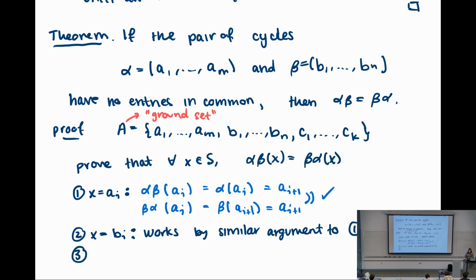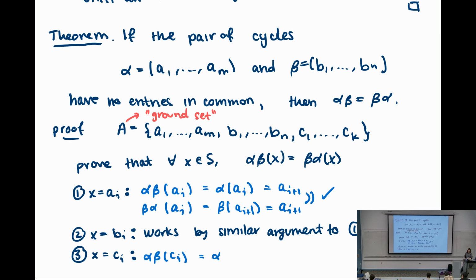And then for the third case, if x is a c sub i, then alpha and beta both do nothing to c sub i.